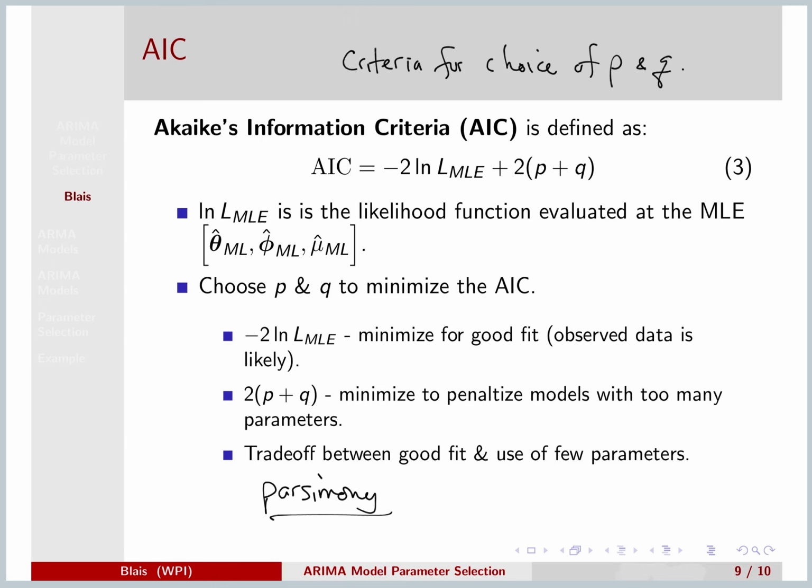And so the minimization of the AIC is building in a trade-off between minimizing this term for goodness of fit, and minimizing this term for fewer parameters in the model.